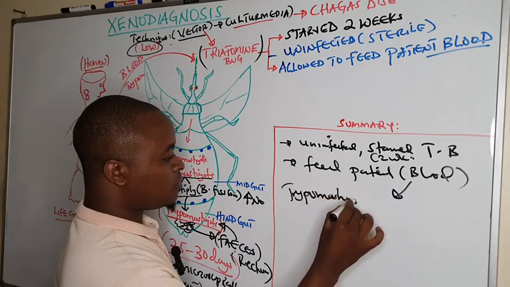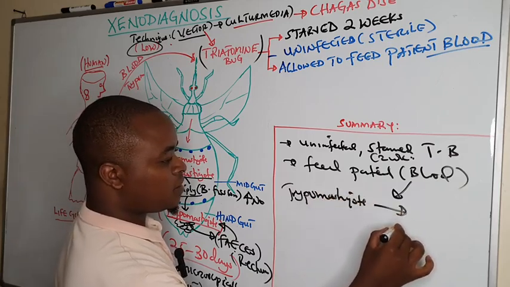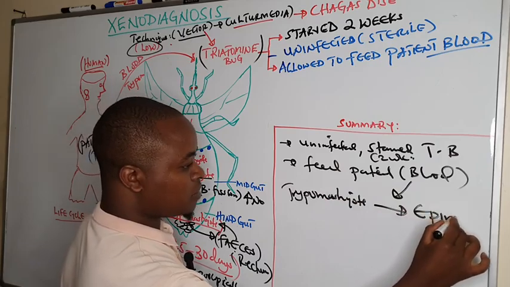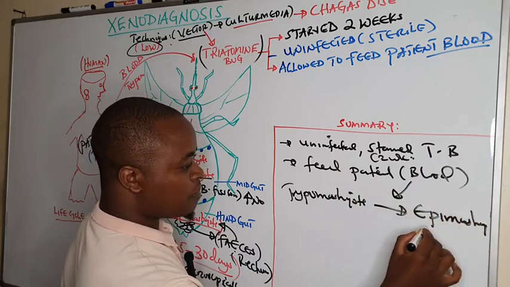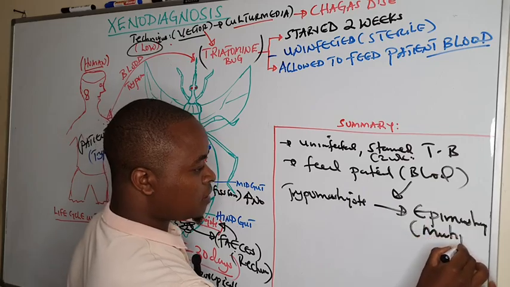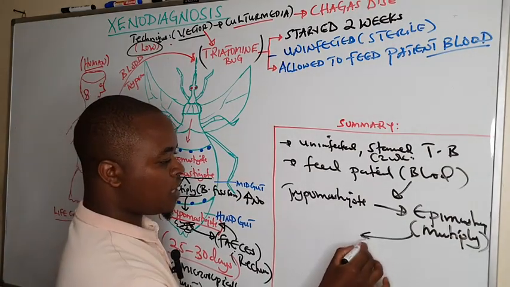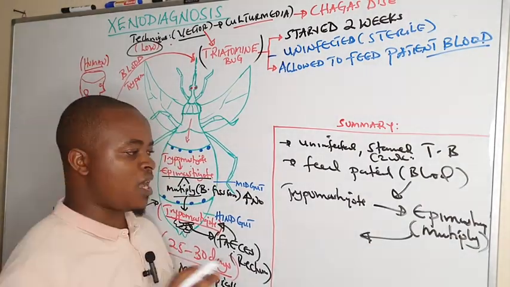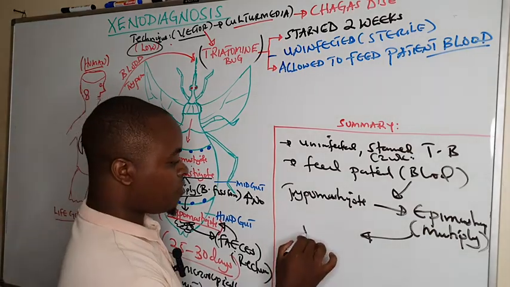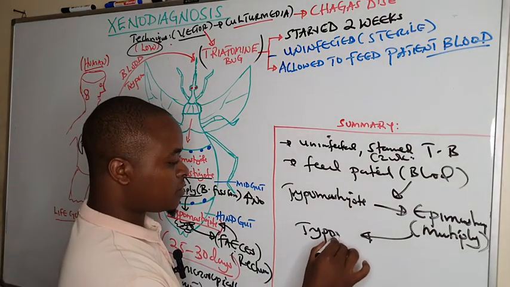these trypomastigotes in the midgut metamorphose into epimastigotes. These epimastigotes multiply and increase in number by binary fission, and in the long run they move into the hindgut, where they metamorphose again into trypomastigotes.